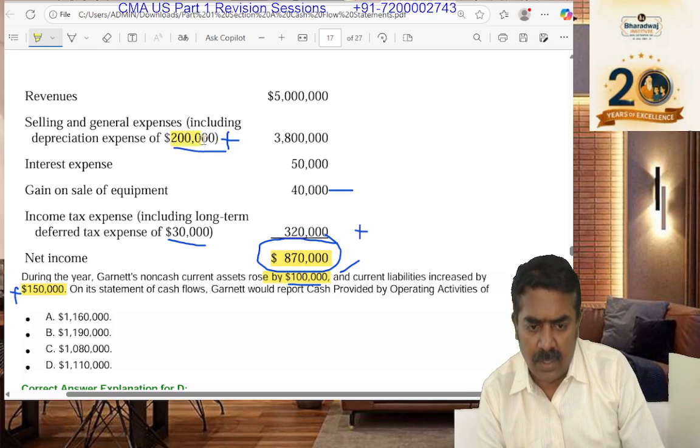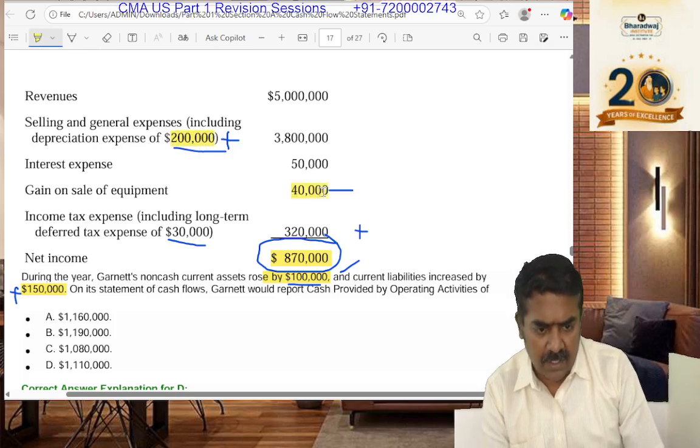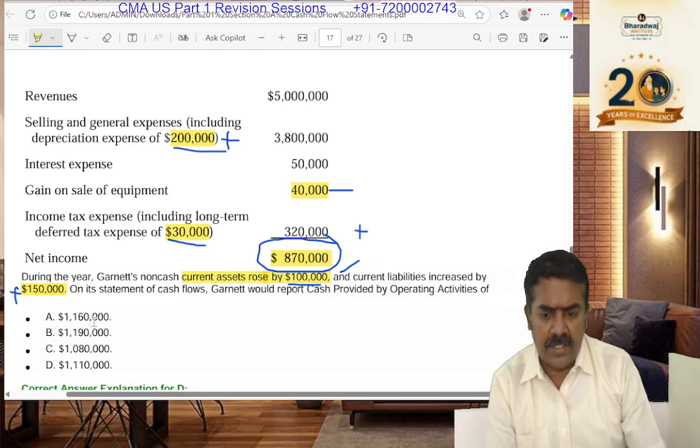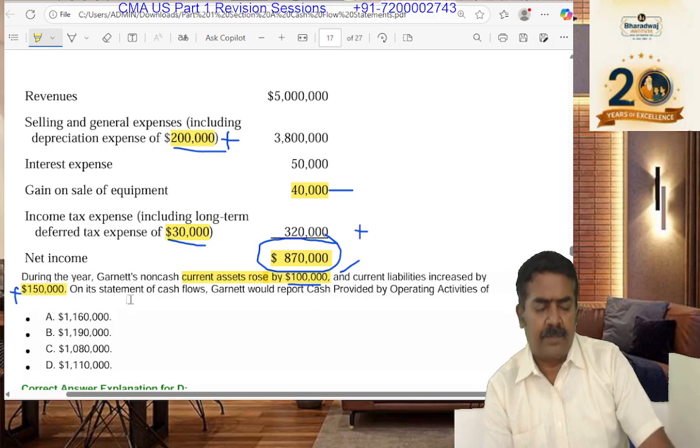Repeat, add 2 lakhs non-cash expense. Eliminate because it's a non-operating income. Add because there is no cash outflow for that. Minus increase in current asset, money goes out. Increase in current liability, 1,50,000 you add.